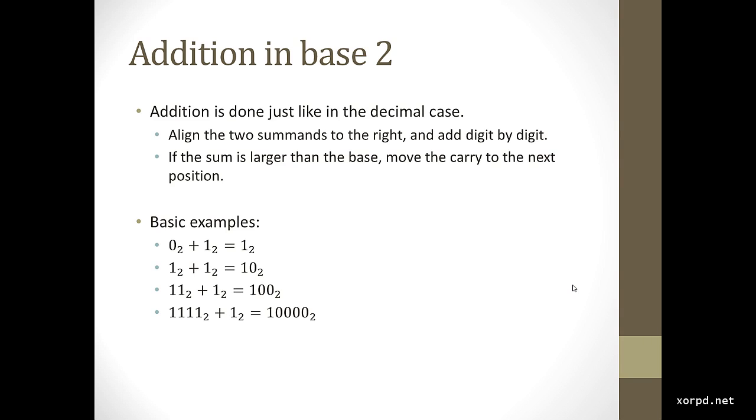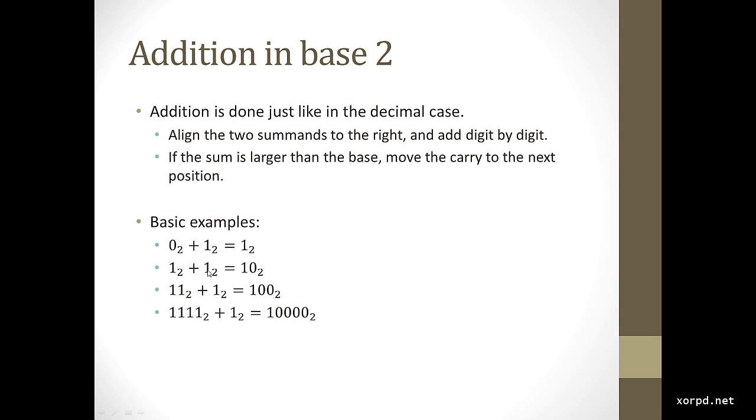If the sum of two digits is larger than the base, then we move the carry, or what is left from the addition, to the next position. Some basic examples. 0 plus 1 is, as you probably expected, 1. 1 plus 1 is 10. If you think about it, the next number after 1 in base 2 is 10, because we don't have any more digits.